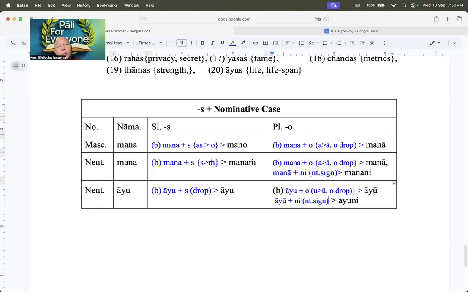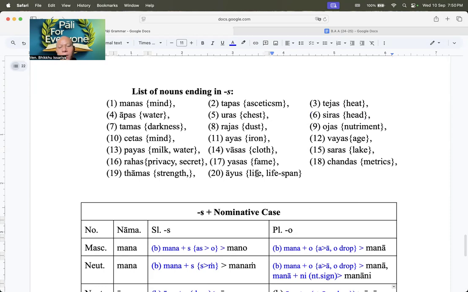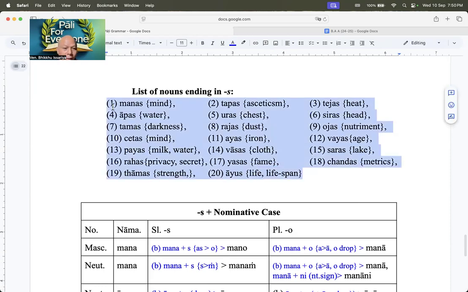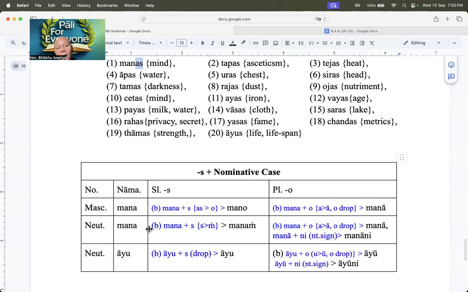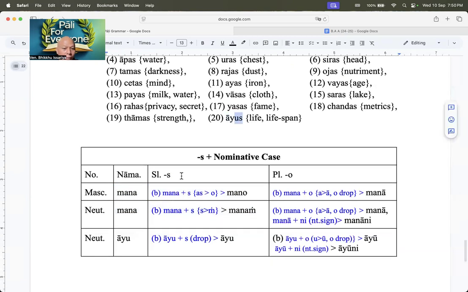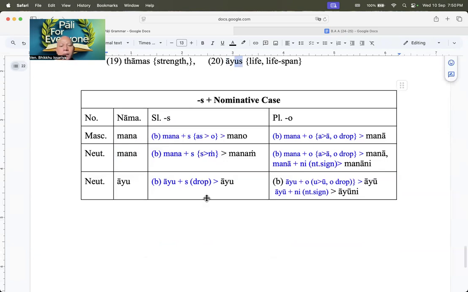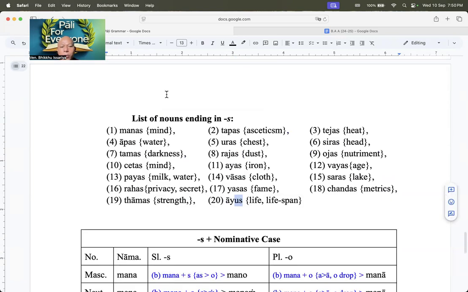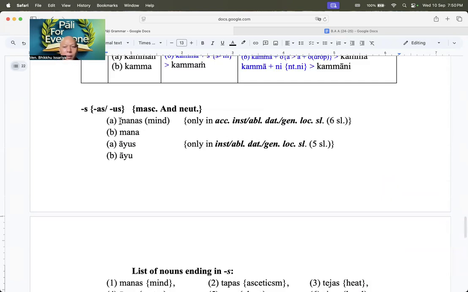Okay, even though we have the 20 nouns, they have the same characteristic. So the first 19 are ending in the R's. Okay, that is why they are declined like manas. But the last one, RU, is ending in the U. Because of that, the U form's way of declension is also a little bit different. Okay. So, and then they have the two stems. So A stem with the sa sound and B stem without the sa sound.